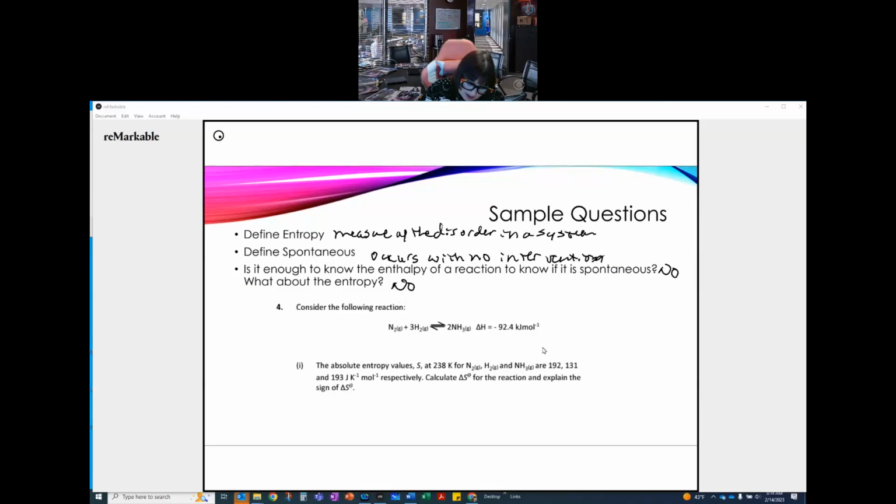Remember that delta S is equal to the sum of the number of molecules times the delta S for the products minus the sum of the number times the delta S of the reactants.